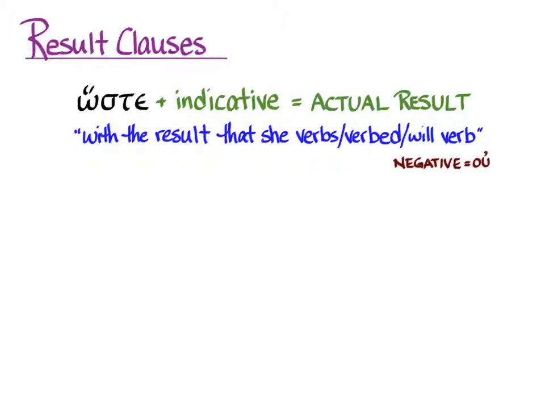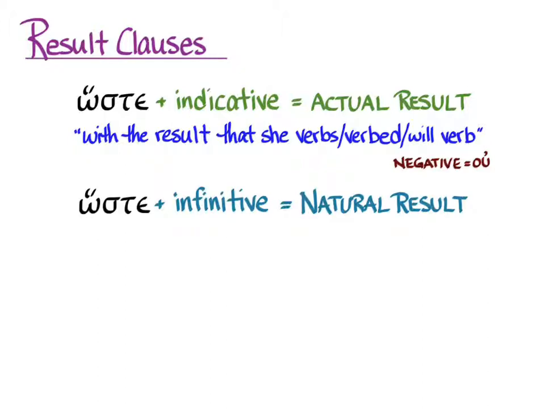The other sort of result clause is hoste with an infinitive, which is a natural result clause. The implication here is that whatever happens in the main clause is likely to have the result in the result clause, or that what happens in the result clause is what you would naturally expect to result from what happens in the main clause.